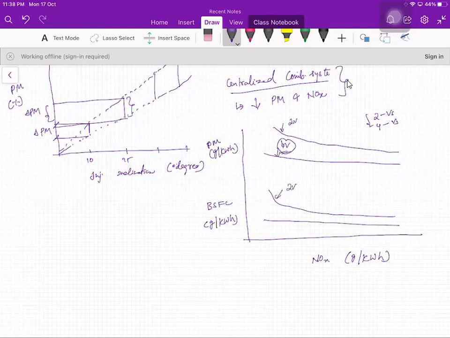This is the two valve, this is the four-valve engine. So this is how multiple valves and air spill will have an effect on the emissions.